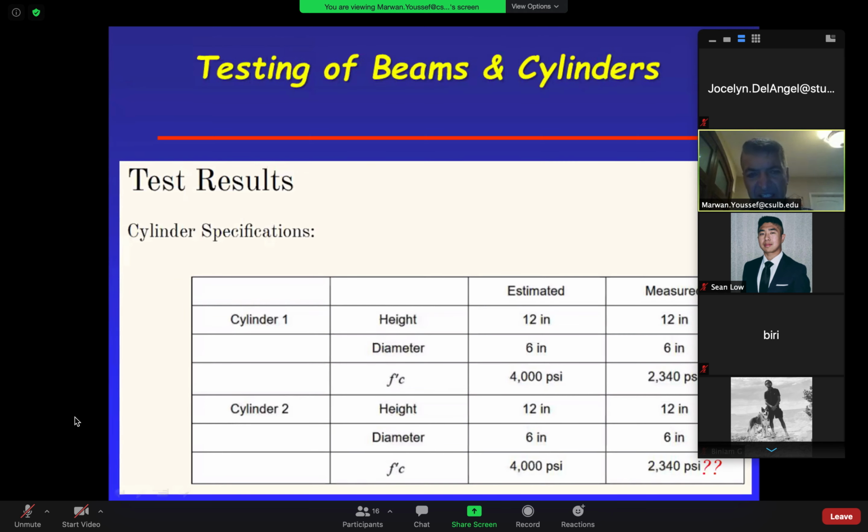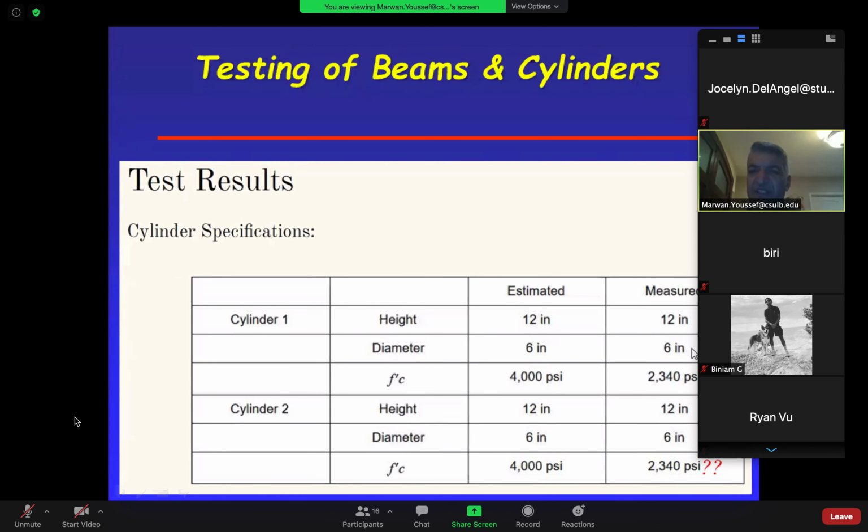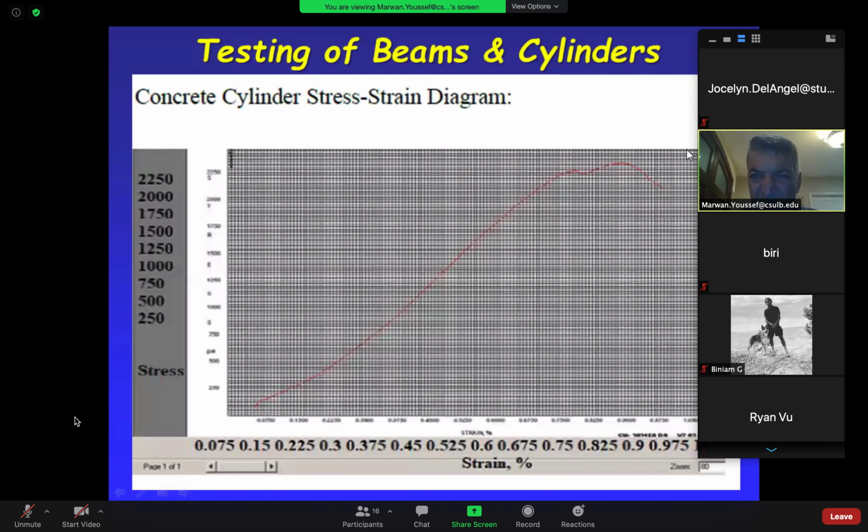And then the test results, look at this. So we had 2 cylinders, 1 and 2. The height, diameter, and f'c we estimated the same, right? No change. But look at the measured. The 12 still measures 12, the 6 still measures 6, because the cylinder doesn't change. But look at the f'c, 2340. So this, if you read it from here, is 2340. It's over 2250.